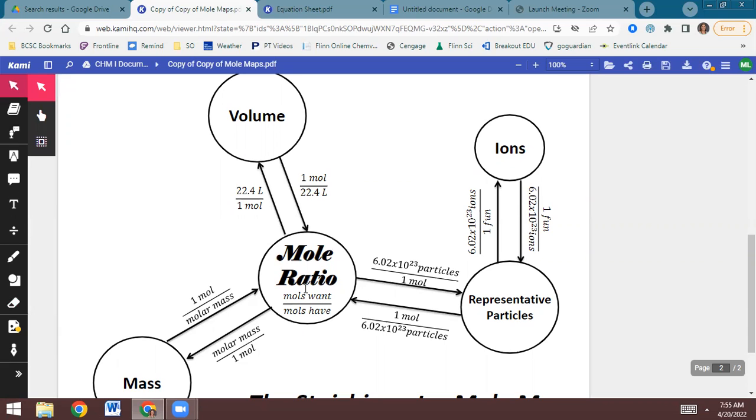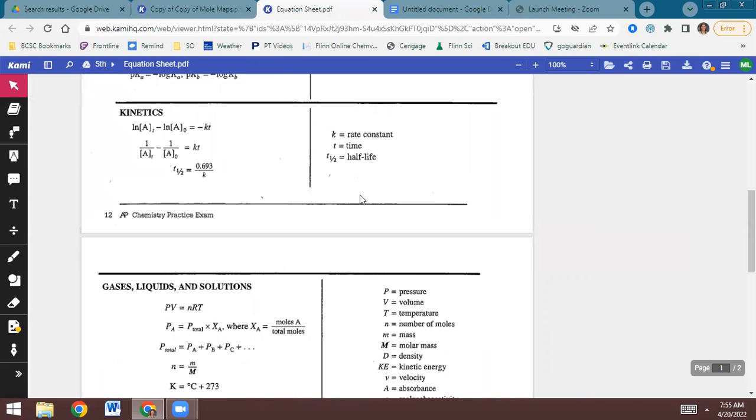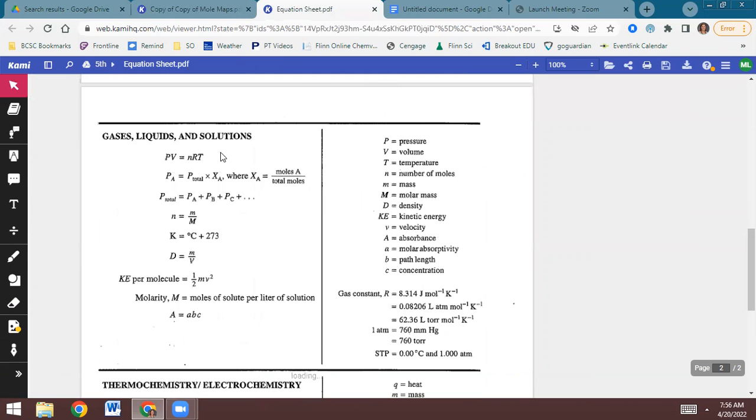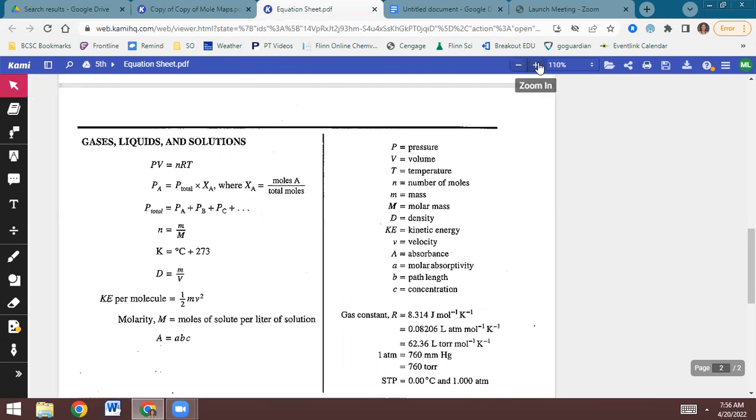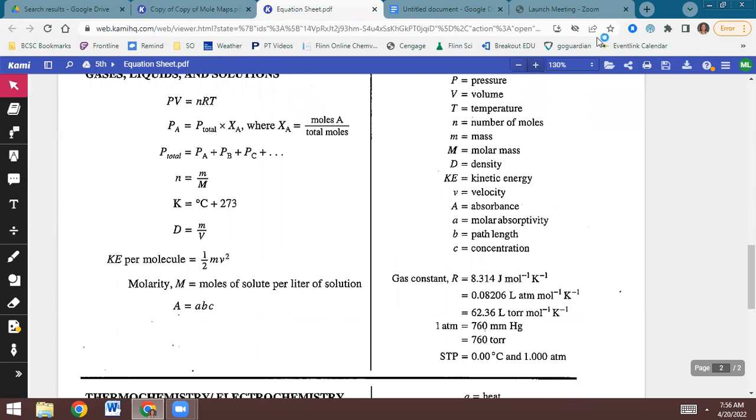You will have that kind of situation. Now, looking at the equation sheet, the ones that this will probably apply to the most are anything in the gases, liquids, and solutions section of the equation sheet. Remember that N on this equation sheet stands for the number of moles.